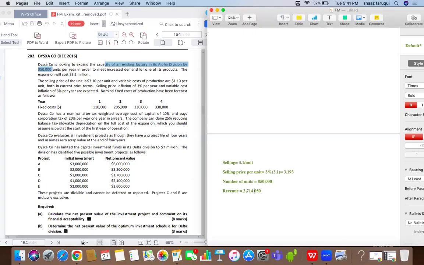Similarly, we calculate the revenue for all the other years. Because of the shortage of time, I would request that you take the next 2 minutes, all of you, go to the answer of question number 282 and check if you understand the revenue for year 2, 3, 4, and 5.